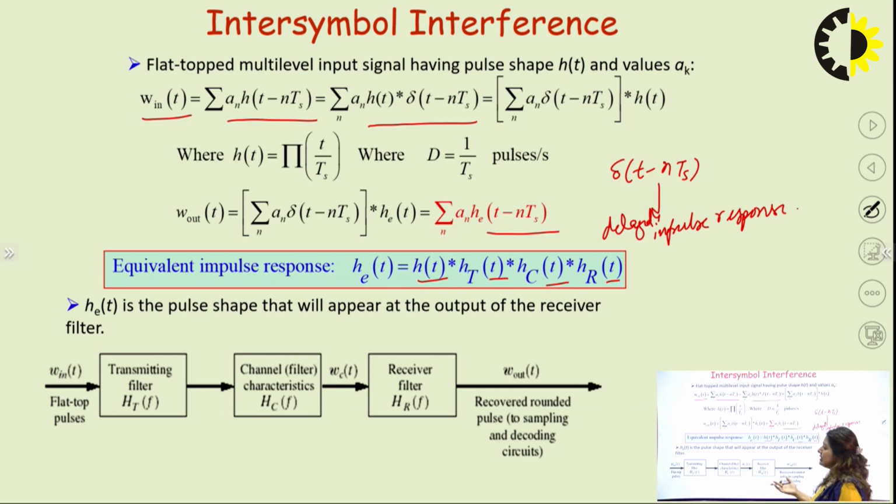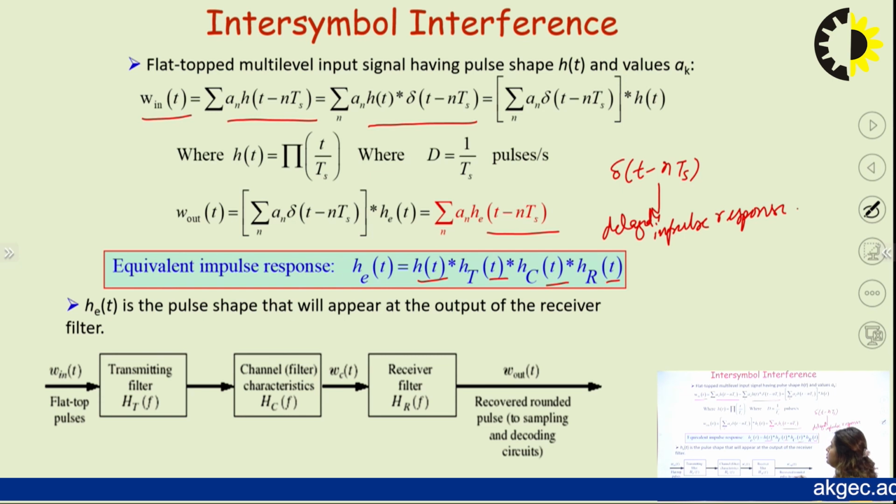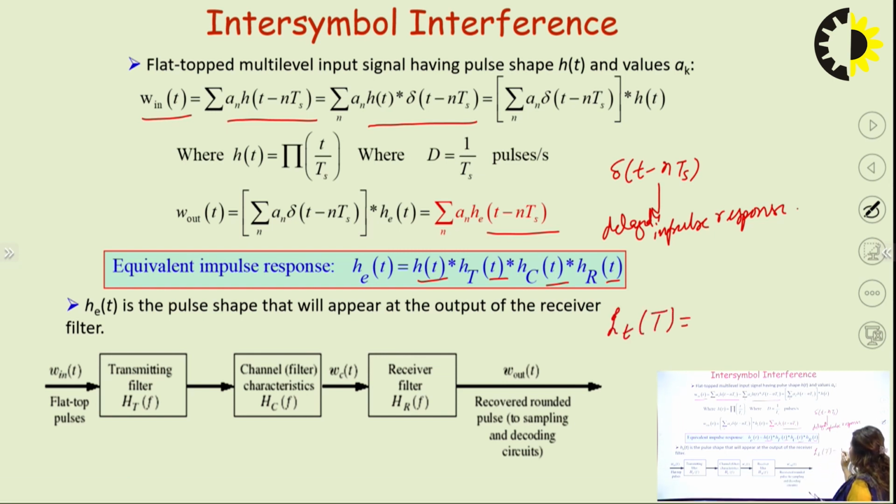In the time domain it has to be convolved, and in the frequency domain it has to be multiplied. So the total h_e(t), the equivalent impulse response, is h(t) convolved with h_T(t) convolved with h_C(t) convolved with h_R(t), where h_T(t) corresponds to H_T(f).